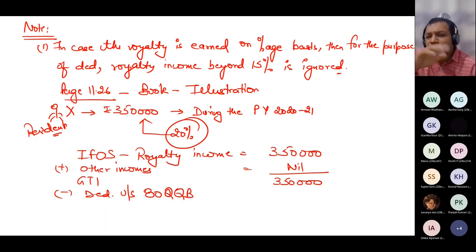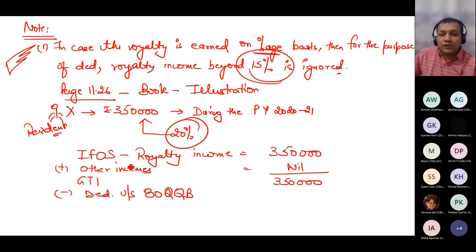Can you tell me in this case what will be my answer? 2,62,500. Oh, you have computed the answer. Yes. So what I wanted to explain to you is this point: if royalty income is on percentage basis, to compute the deduction, royalty beyond 15% is ignored.